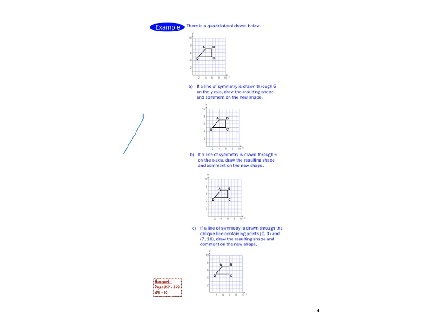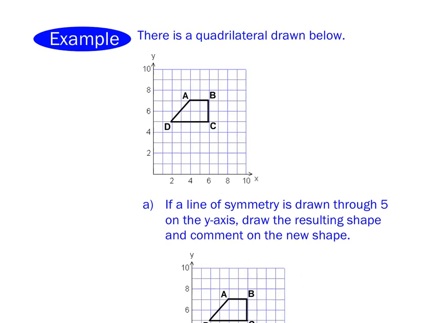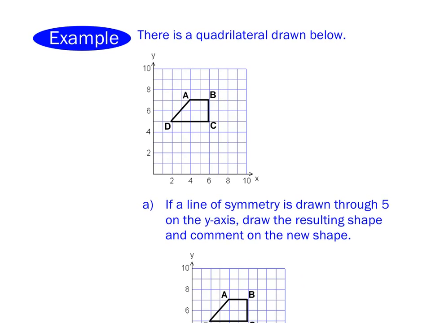So we'll zoom in here so we can see this nice and clearly. We have a quadrilateral. A quadrilateral, if you recall, is any four-sided object. A parallelogram, square, rhombus, trapezoid, kite are all examples of specific quadrilaterals. We've got a quadrilateral drawn below.